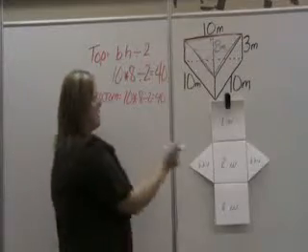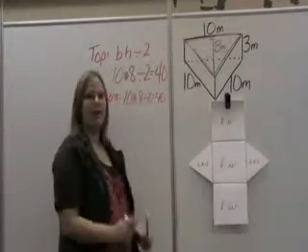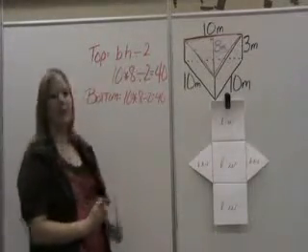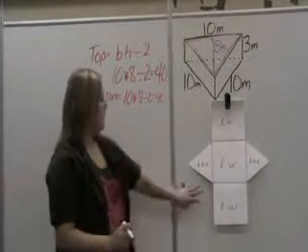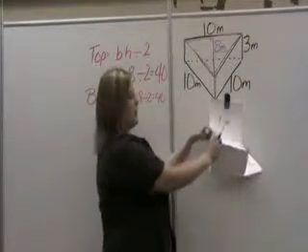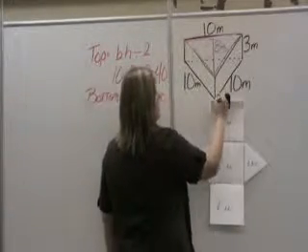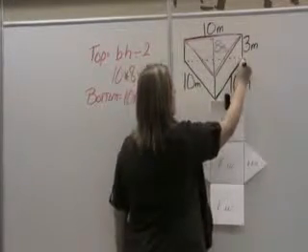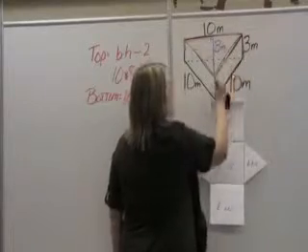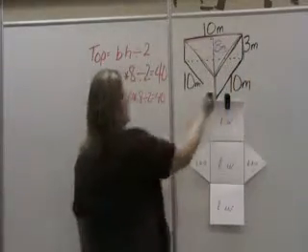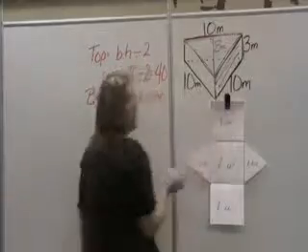Then you have 3 rectangles to find the area of. Remember, rectangles are length times width. And each one of these rectangles will come off one of the sides of the triangle. So each of these rectangles will be a 10 by 3 because the height of the rectangle is 3. We have one on this side.